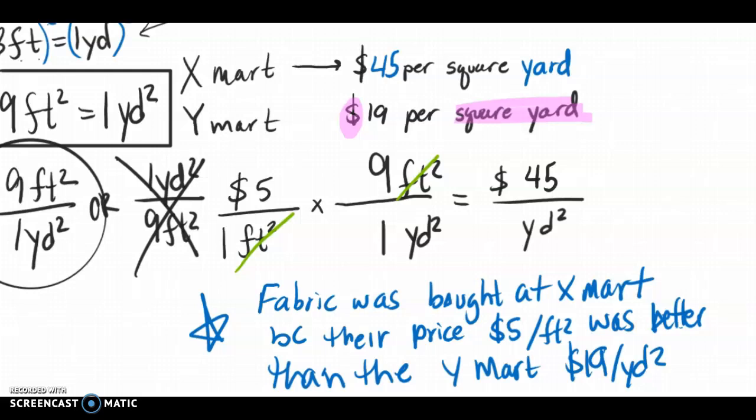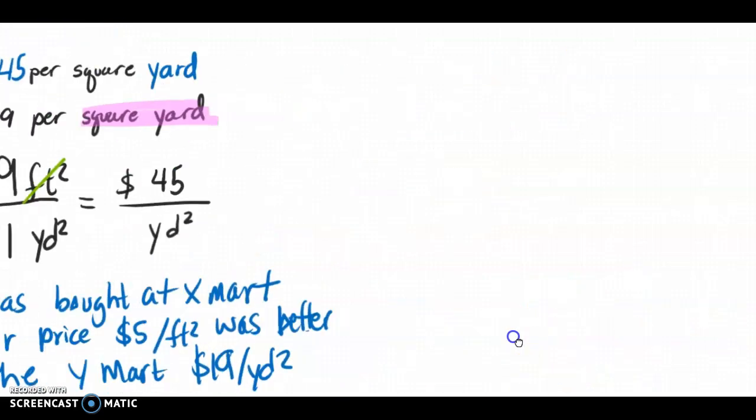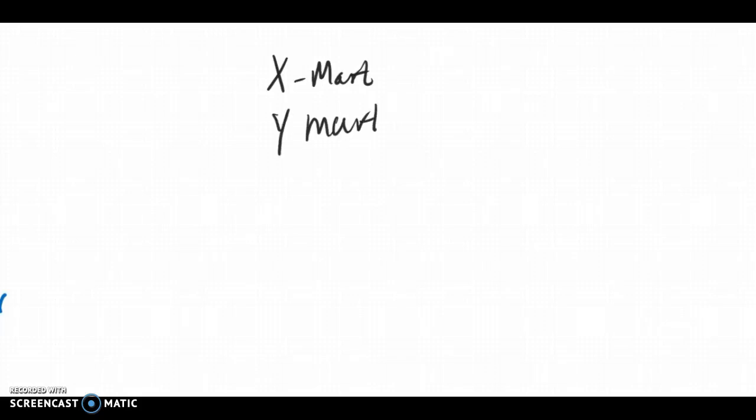So let's do it the other way. So I said there's two ways you can do it. It just depends on what the question's asking. So does it ask to say, is it $45 per square yard, or does it say per square foot? So I'm going to take the same problem. I'm going to write what it was previously. $5 per square foot.